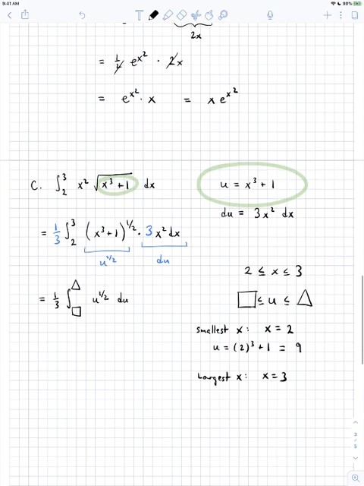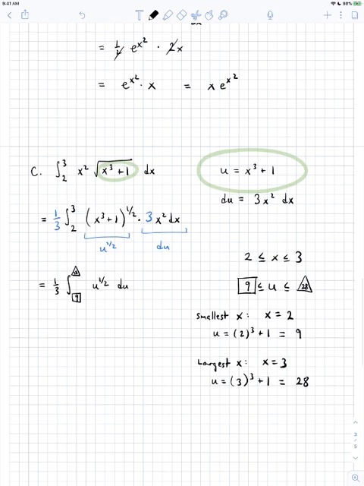For the largest value of x, I have x equals 3. So if x is equal to 3, then u is equal to 3 cubed plus 1, which is 28. So that tells me that x equals 2 corresponds to u equals 9, and x equals 3 corresponds to u equals 28. So I can put a 9 here and a 28 in that triangle.